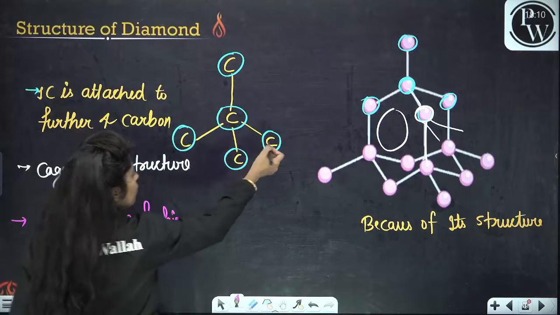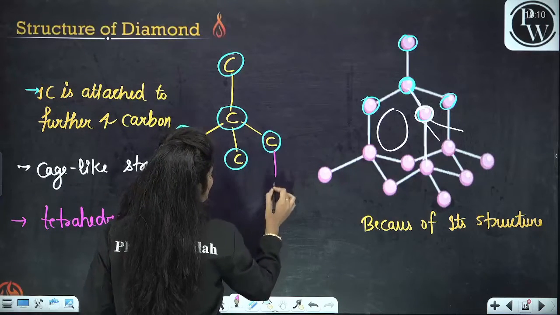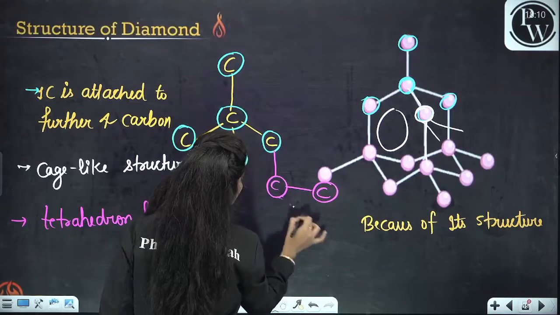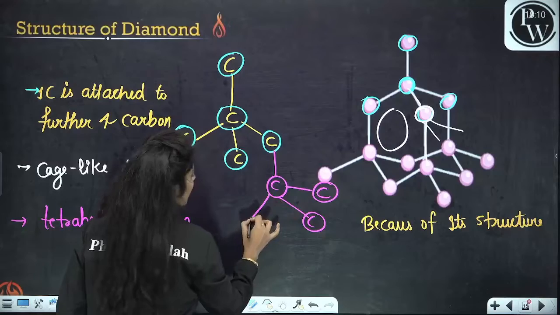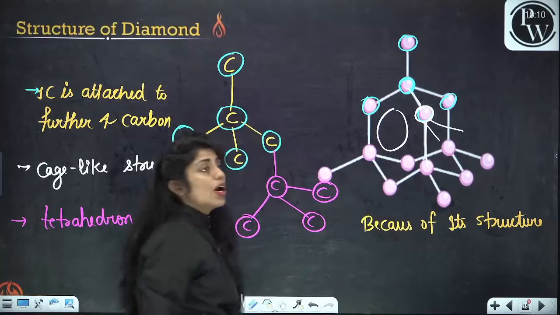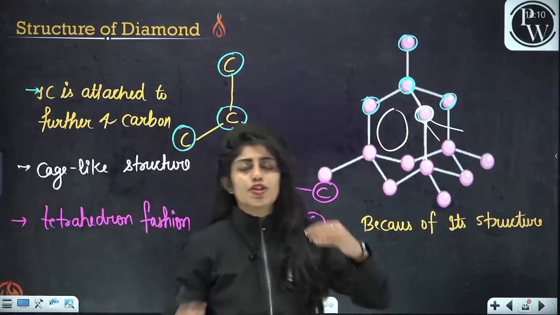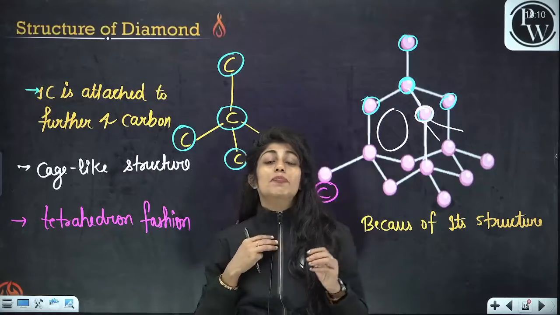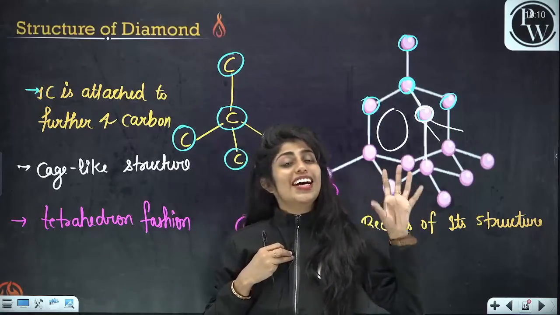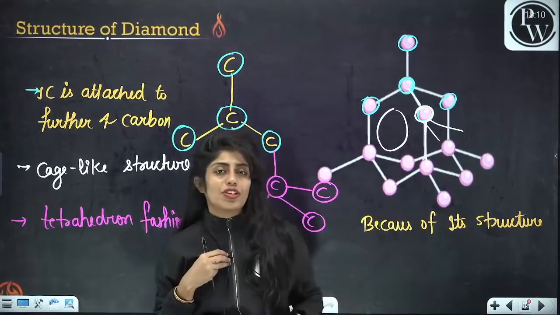Now if I want to extend this, it will be like this: carbon, further carbon, carbon and carbon. Also, if you are not understanding tetrahedron fashion, I would like to let you know methane, CH4. Carbon and hydrogens are arranged in the tetrahedron fashion there also.